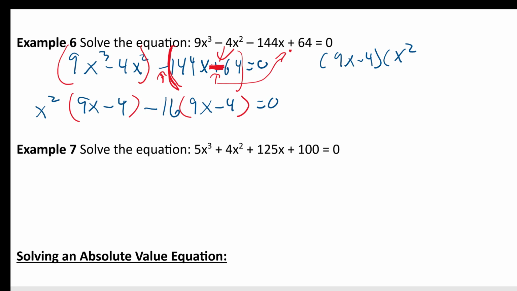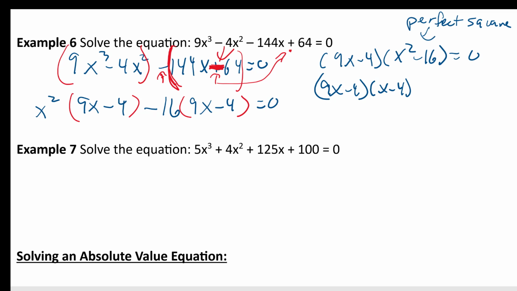Then we have x squared minus 16 equals 0. And the x squared minus 16 is a difference of squares. So that'd be 9x minus 4 times x minus 4 times x plus 4 equals 0.